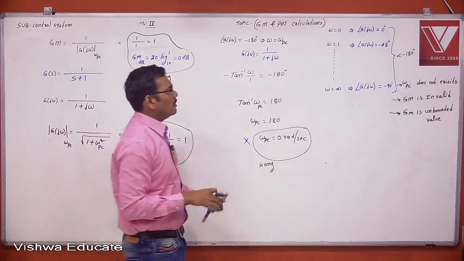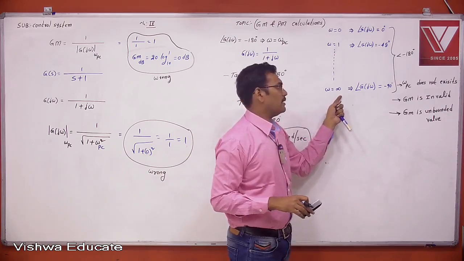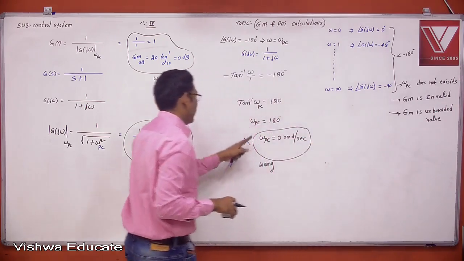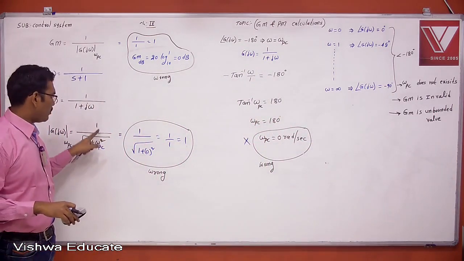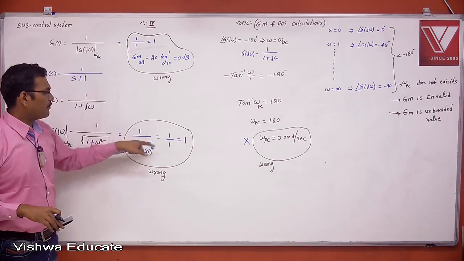Why? Because they take an infinite frequency, treating omega PC as infinite. What happens when omega PC is infinite? Something divided by infinity is 0.